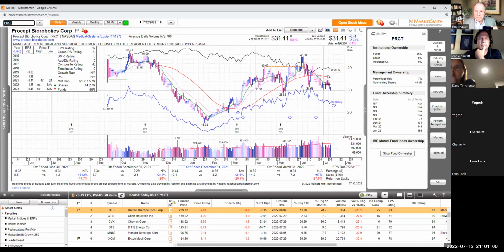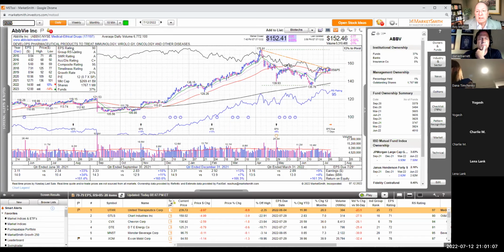Have you had a chance to look at AbbVie, ABBV? I have looked at it. You can see I just draw a somewhat false downtrend line here. Look at the growth, medical ethical drugs, group 17. See, this is what you want. You want this tight action, from November to March, and then it's rolled over.